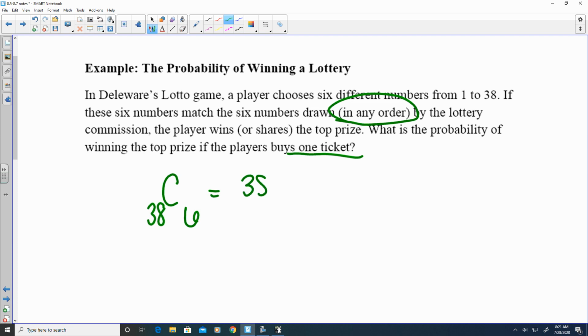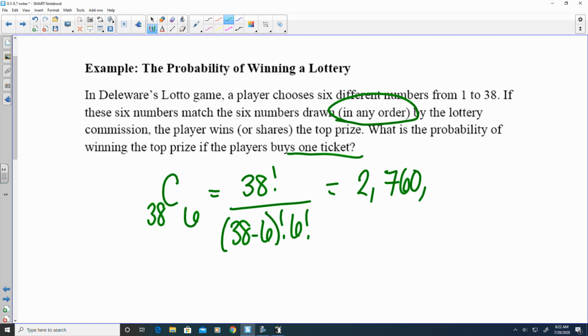Which is 38 factorial over 38 minus 6 factorial times 6 factorial, which is 2,760,681 total combinations of 6 numbers you can get.